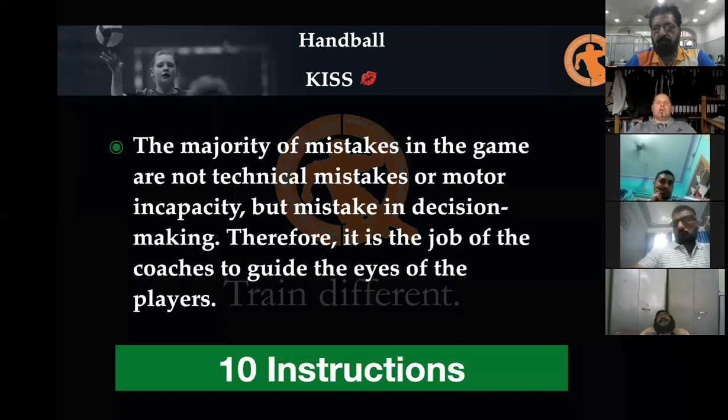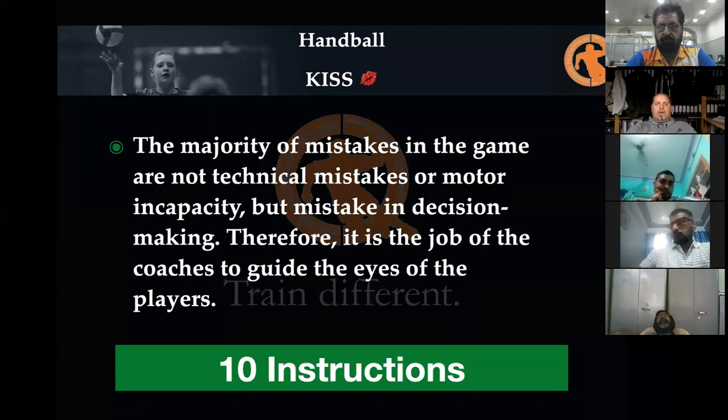By the time you start with tactical moves, release actions for attackers, then you must teach the players, okay, see this defender, see this defender. If one is stepping out, this is the correct decision. If that one is stepping out, this is the right correction.